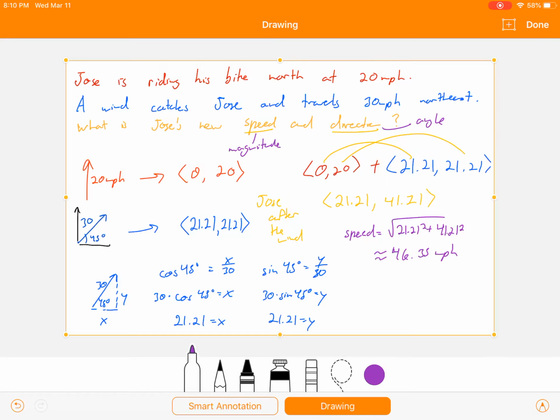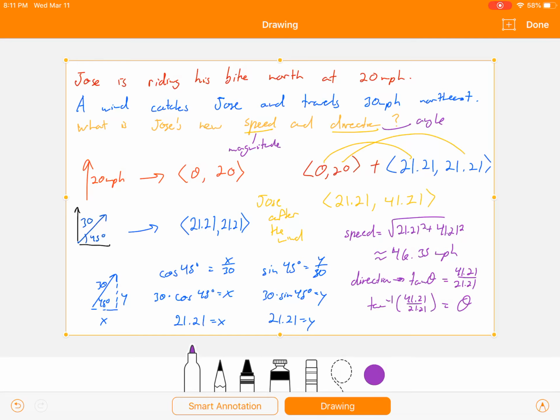Now in terms of the direction or the angle, if you recall, the way we usually did it is we used tangent. So we set it up as tangent of theta is equal to opposite over adjacent, so the vertical over the horizontal. Now we would do the inverse tangent of both sides, and that would give us the angle.